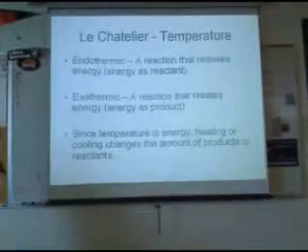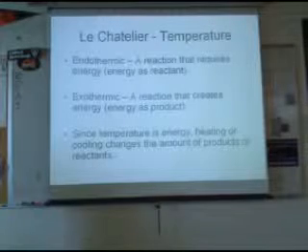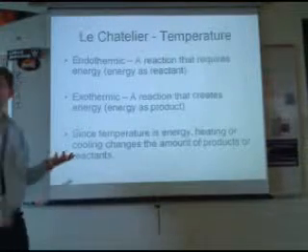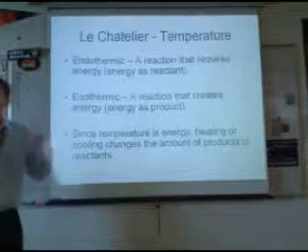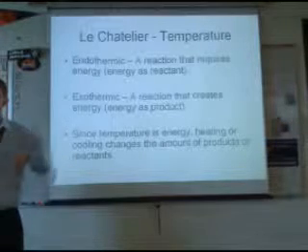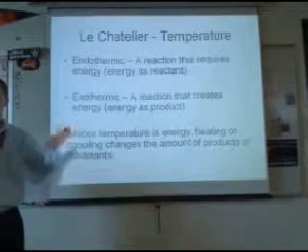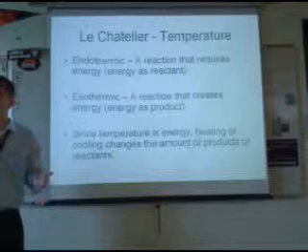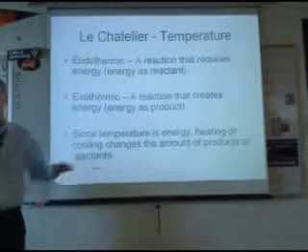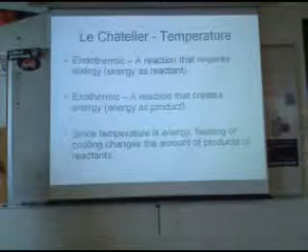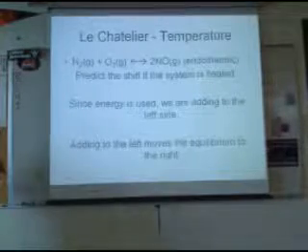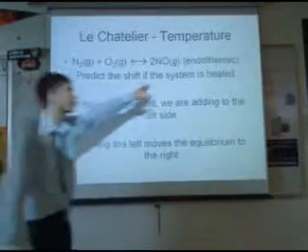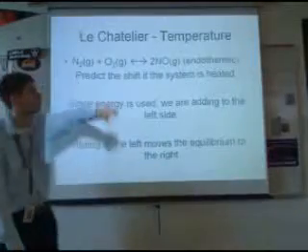So then, it's almost like a concentration problem. If you add heat, you're just adding to whatever side your Q's on. If you're cooling down, you're just taking away from whatever side your Q's on. So for instance, this is endothermic. So your Q is over here on the left.